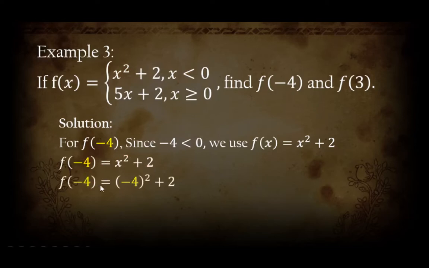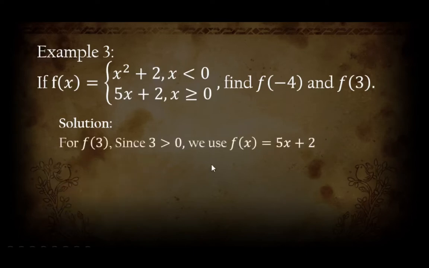Then, negative 4 squared, plus 2. Then simplify: negative 4 squared is 16, plus 2, that is 18 for our final answer. The input is negative 4. Since pasok siya dun sa restriction, ginamit natin to equation, ang naging kanyang output ay positive 18. Okay? That's it for negative 4.